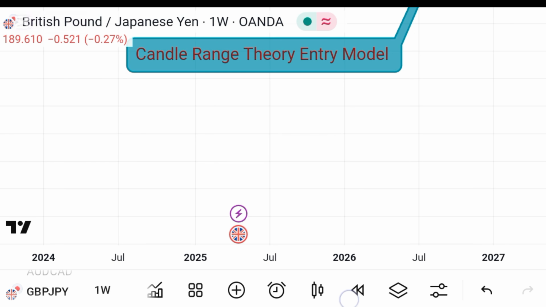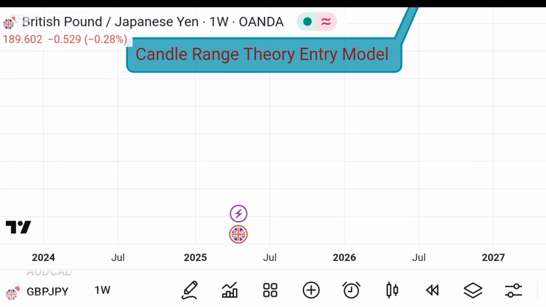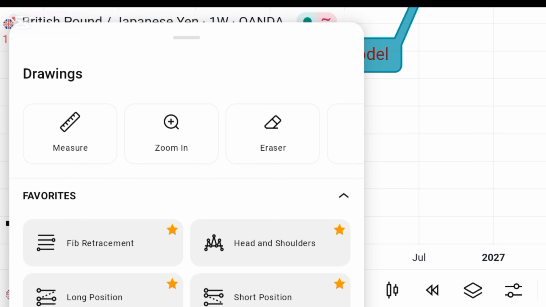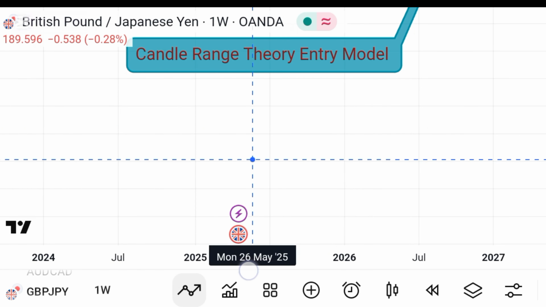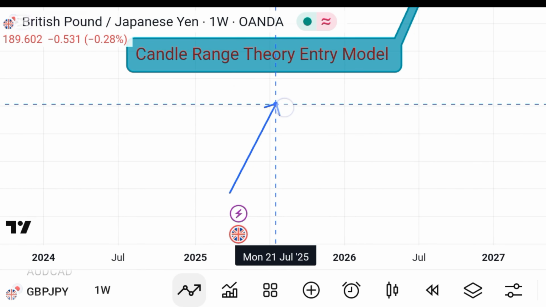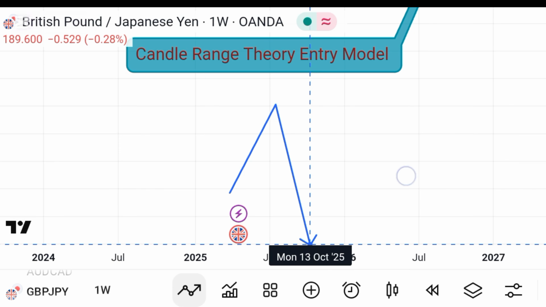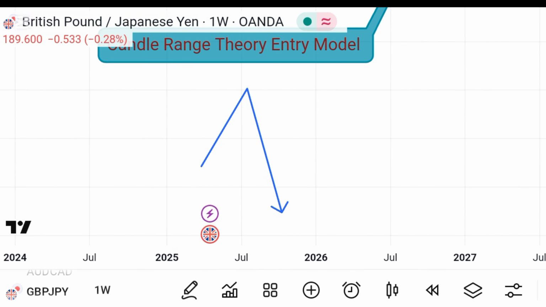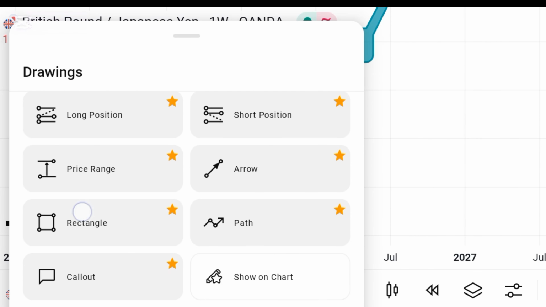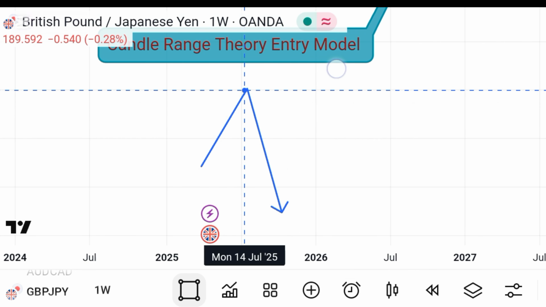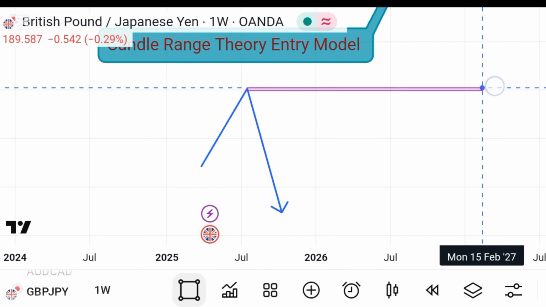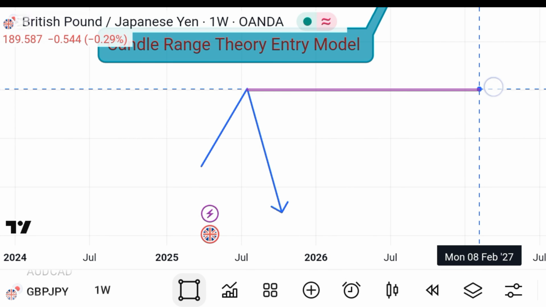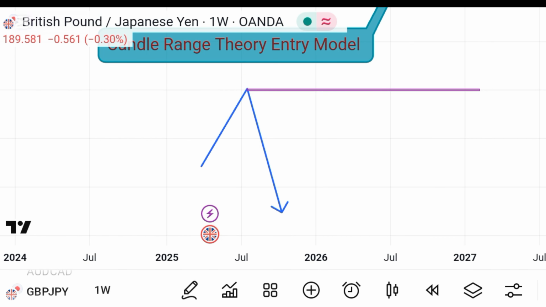Now let's first of all define the name separately. Let's just see a range. This is a range. What does a range look like here? From a high to a low, from this old high to this old low. So this is a range in price, where we have this to be a high and this to be a low.